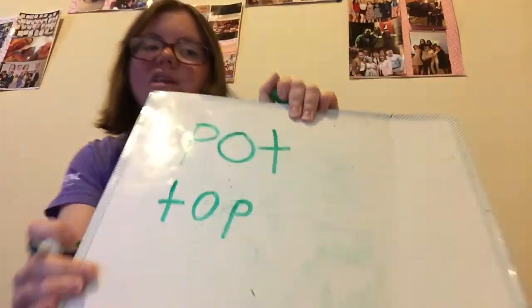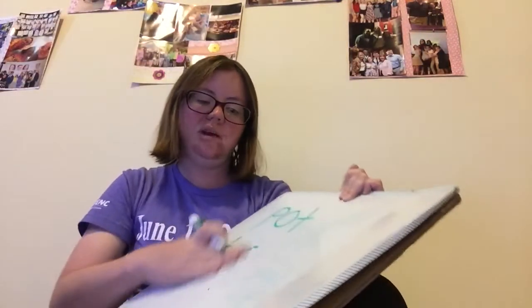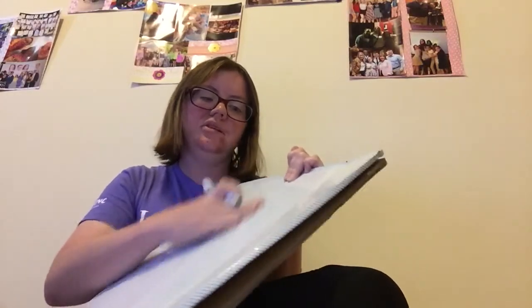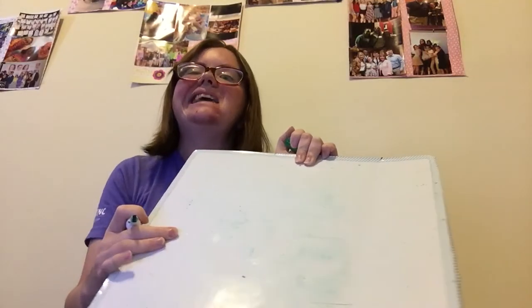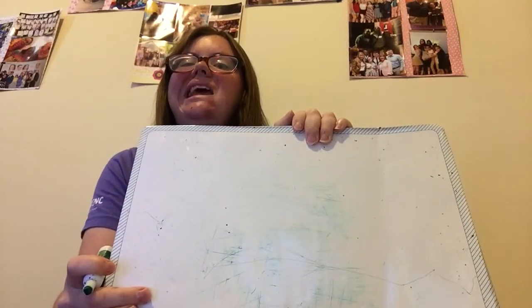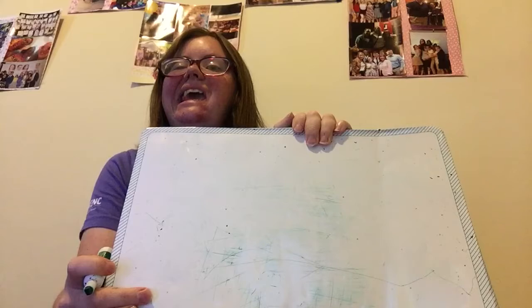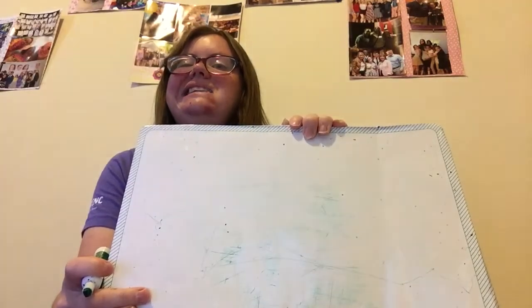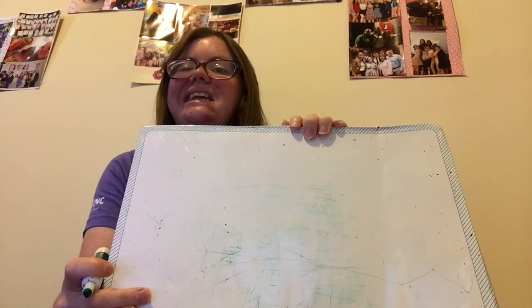So now, let's try a new word. So I'm going to erase my board, and you are going to write down the word. Let's do the word sit. Think about all the sounds you hear in the word sit. And think about the order that you hear those sounds. Sit.